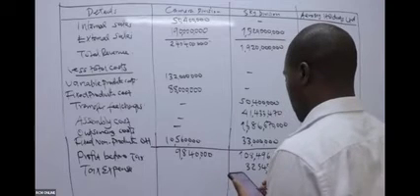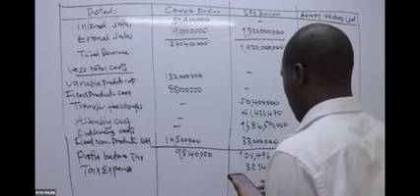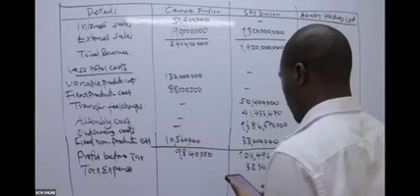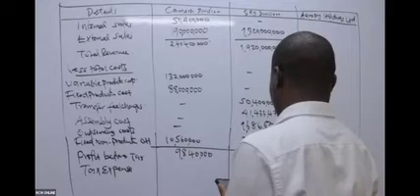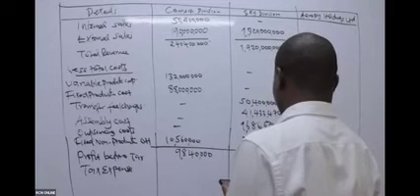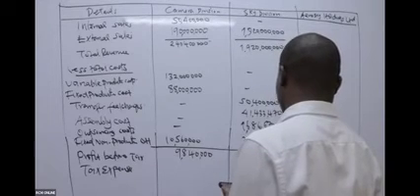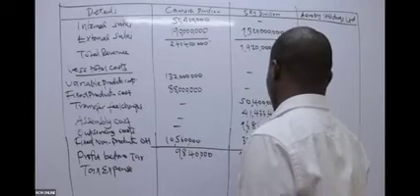Good. So that one we need to less, giving us profit after tax of 75,947,571. So that's our profit after tax.